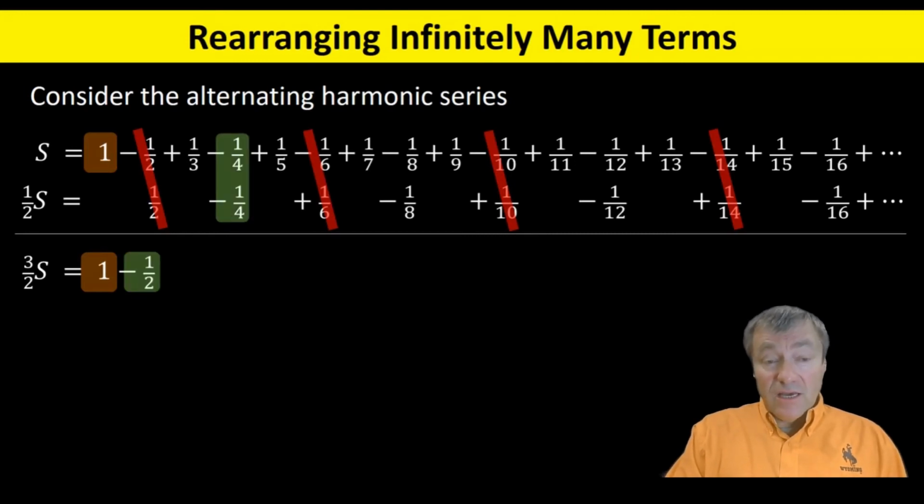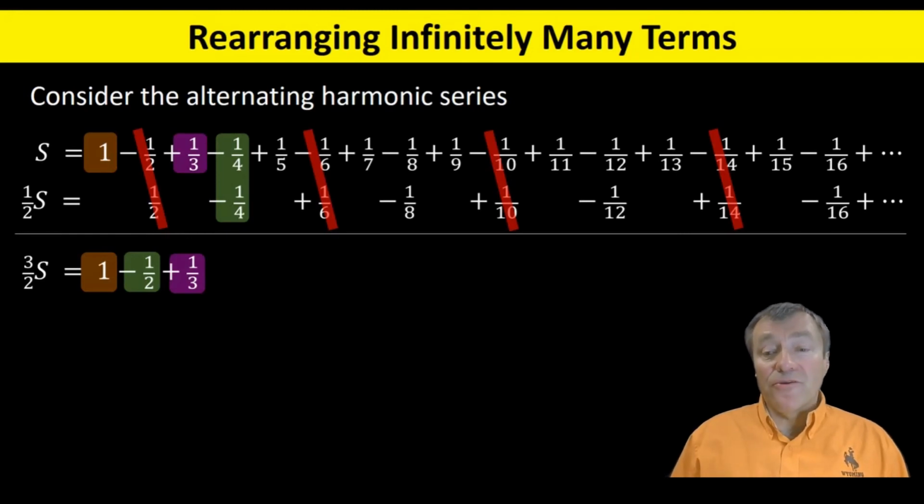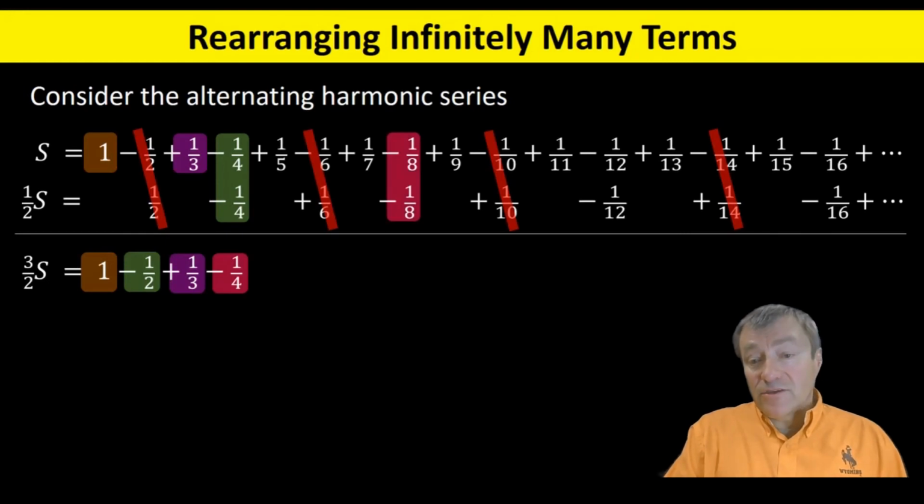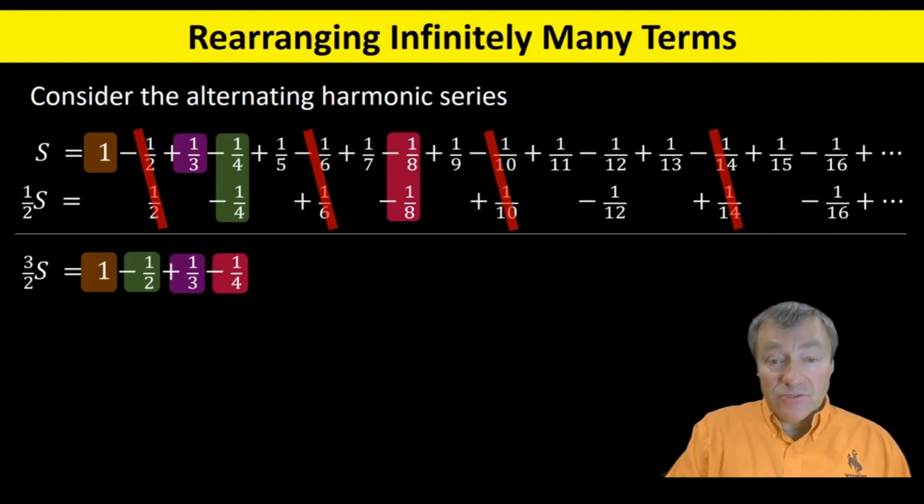Next, we see two terms of minus 1 over 4 on the right. They combine to give minus a half. Now let's carry down the plus 1/3 on the right-hand side. Next, look at the two minus 1 over 8 terms. I've highlighted them in red. They combine to give minus a quarter.